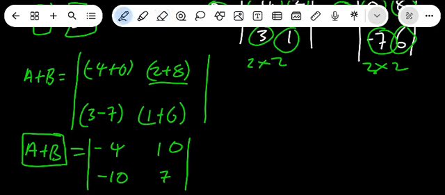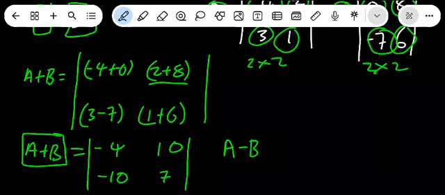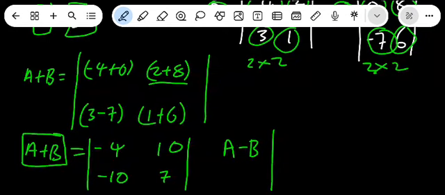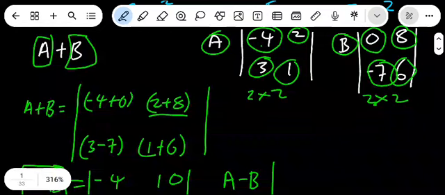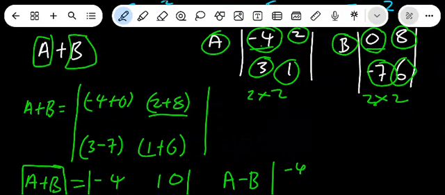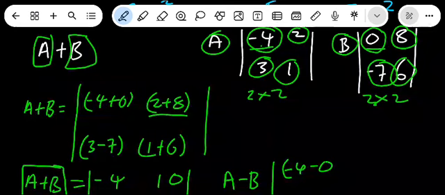All right. Let's say now you're given matrix A minus matrix B. Same method. You take the first element, which is minus 4, and subtract the element in the first row and first column.